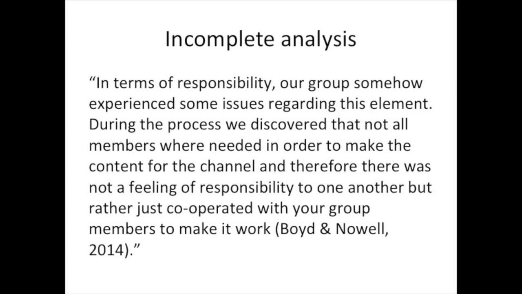So this is a good observation. There's not something to do for everybody, and that has a connection to people not feeling responsibility for the group and for producing the things that need to be produced.